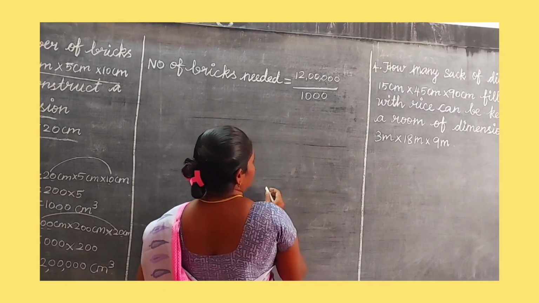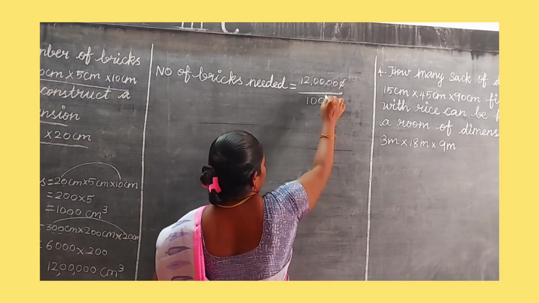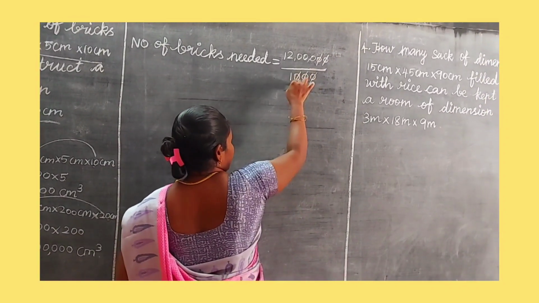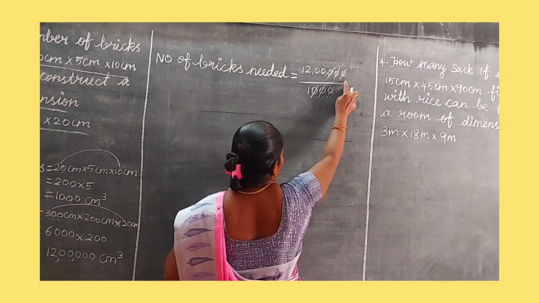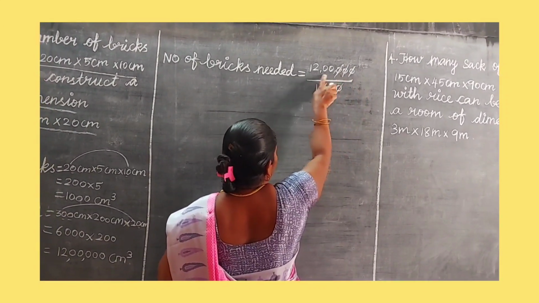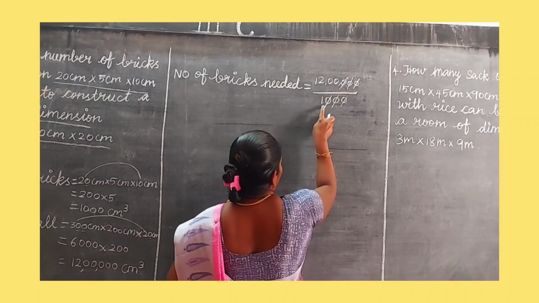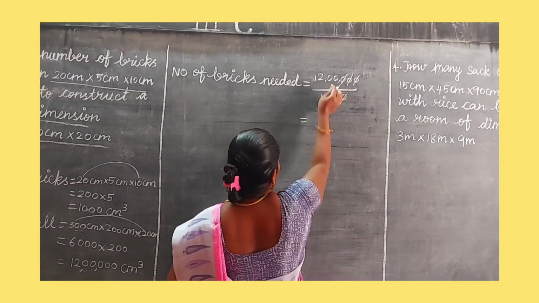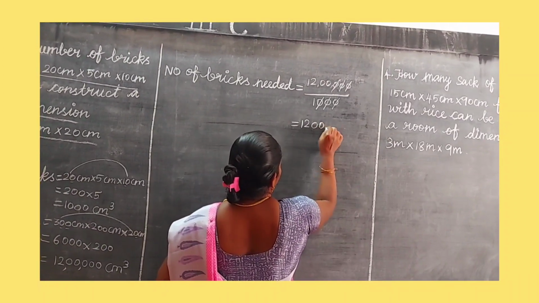So now cancel the value, 1 0 1 0 we have to cancel. Next 1 0 1 0 we have to cancel. Next 1 0 1 0 we have to cancel. Bottom 3 0 and upper also 3 0 we have to cancel, means the remaining value is 1200. Bottom one is there, means there is no value. So we have to consider the upper value only. So 1200 bricks we needed.